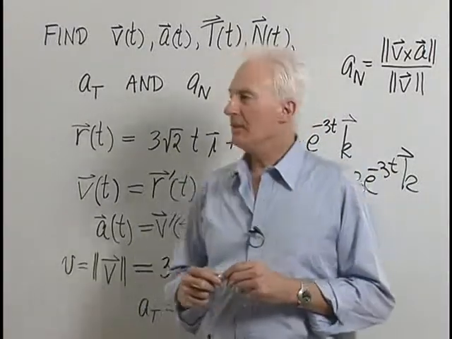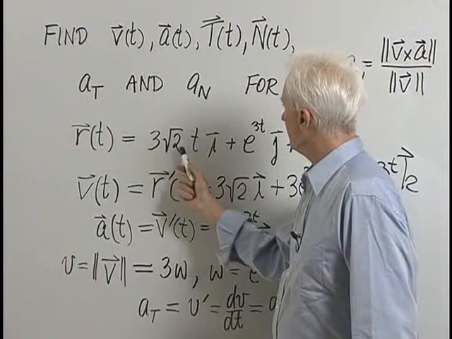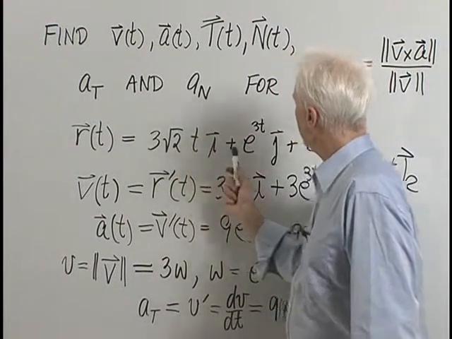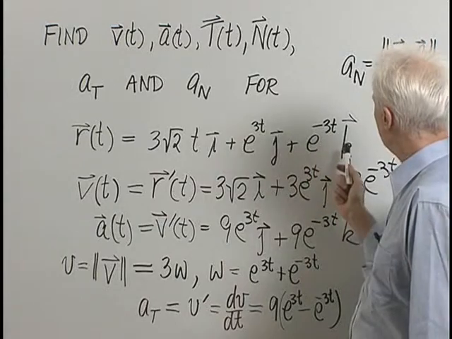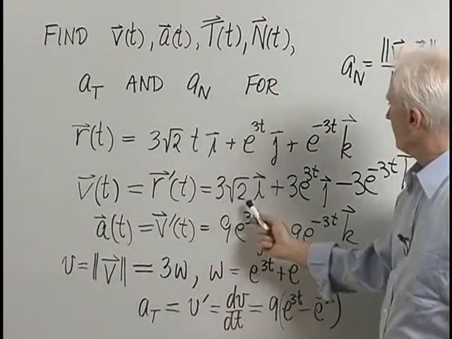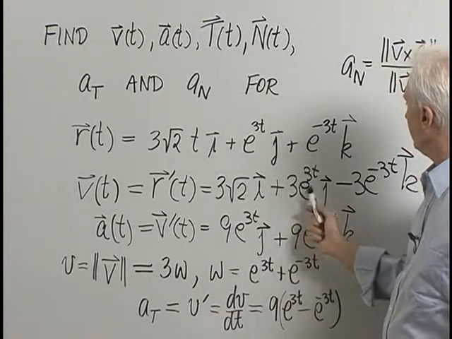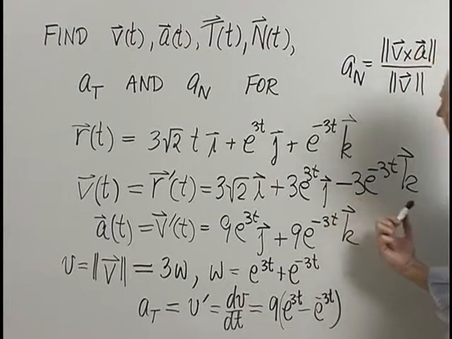All right, for our curve with parameterization r(t) equals 3√2 t i plus e^(3t) j plus e^(-3t) k, we found our velocity is 3√2 i plus 3e^(3t) j minus 3e^(-3t) k.